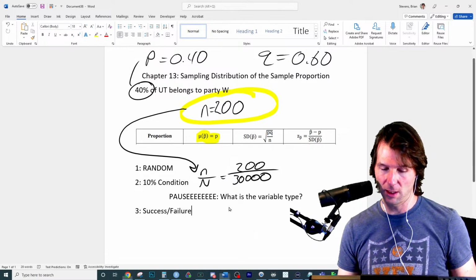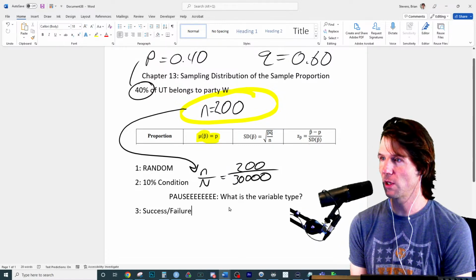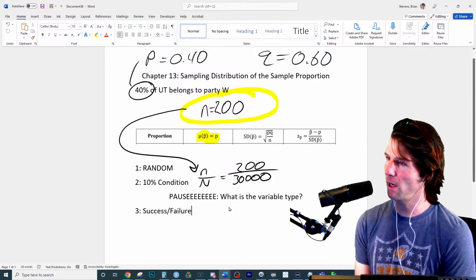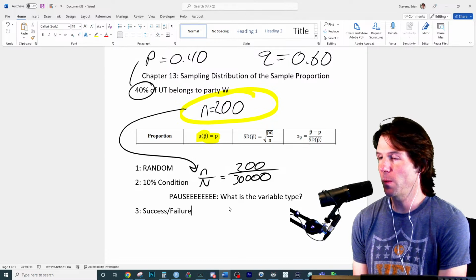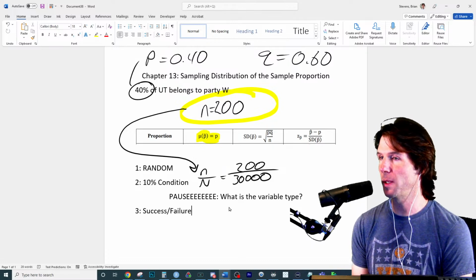Success failure condition is at least 10 successes and at least 10 failures. How many successes are we expected to have, and how many failures? If you talk to 200 people, how many would you expect to be in party W?